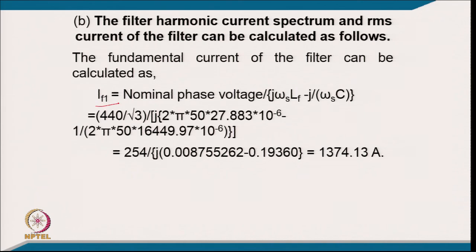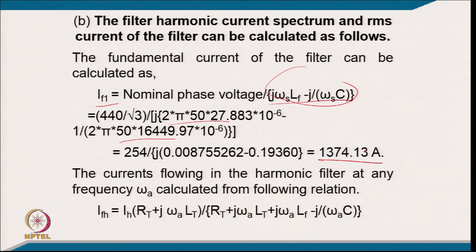The filter fundamental current will be the nominal voltage divided by the impedance of the filter at fundamental frequency. So, this comes typically to the order of 1374.13, that is the fundamental current going into the filter, which is mainly capacitive current, because at fundamental frequency it behaves as a capacitor.